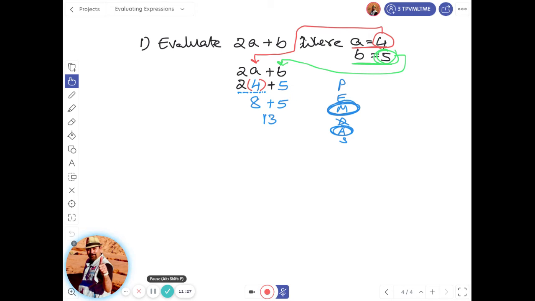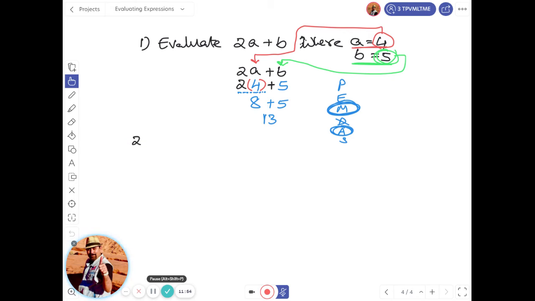In the same way, the value of b is given 5, so in the place of b, 5 is plugged in or substituted. Now, by PEMDAS, we take the multiplication part first. So 2 times 4 gives us 8 plus 5. 8 plus 5 is 13. Let me take one more question which is similar to this one.